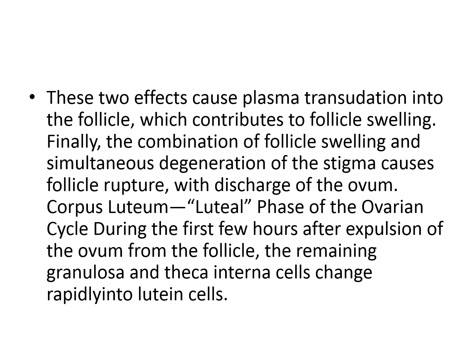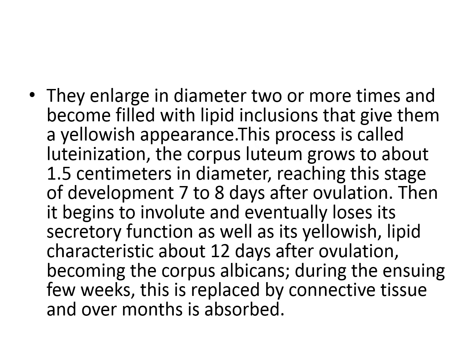The luteal phase of the ovarian cycle: during the first few hours after expulsion of the ovum from the follicle, the remaining granulosa and theca interna cells change rapidly into lutein cells. They enlarge in diameter 2 or more times and become filled with lipid inclusions that give them a yellowish appearance. This process is called luteinization.